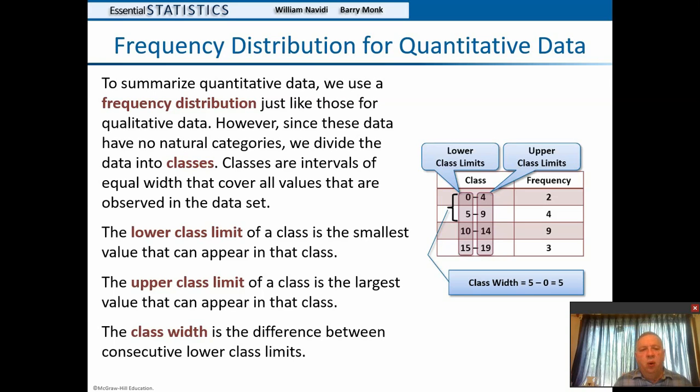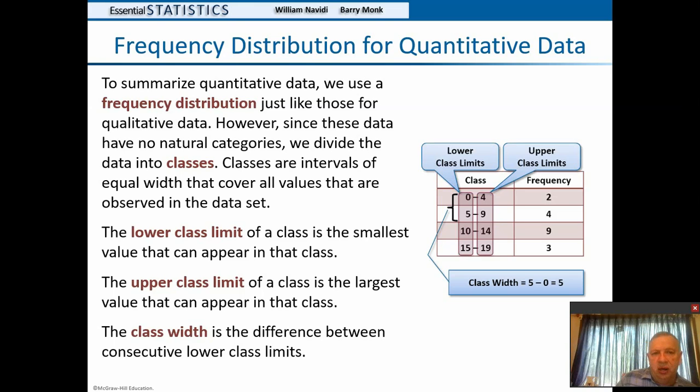If we have a wide width of data, let's say from 1 to 1,000, we want to bring that together and look at it in a table, how many times a range of numbers occurred, not a certain number in this case. We're going to call that the class.